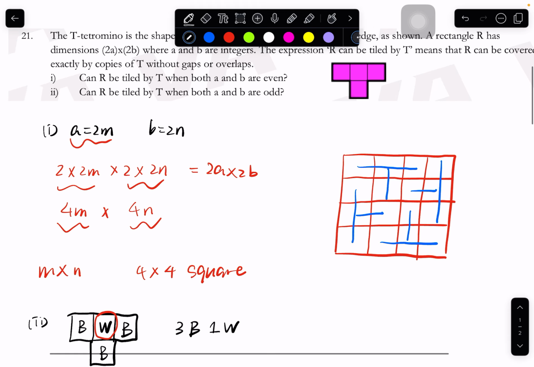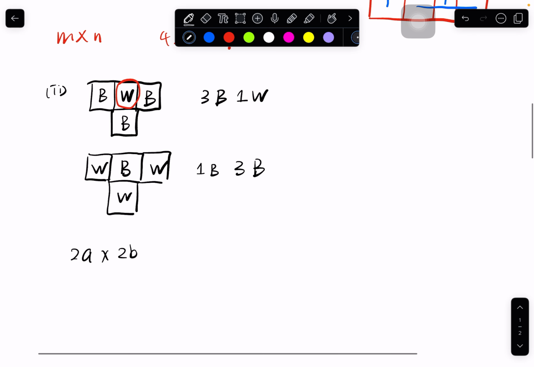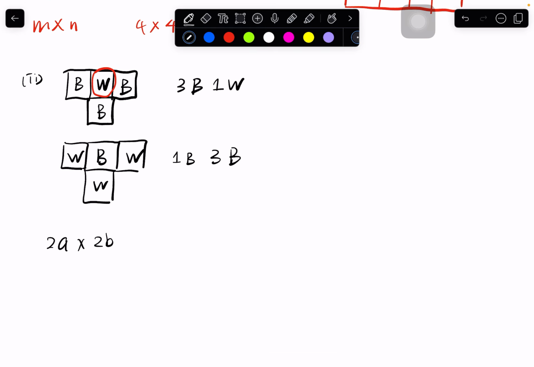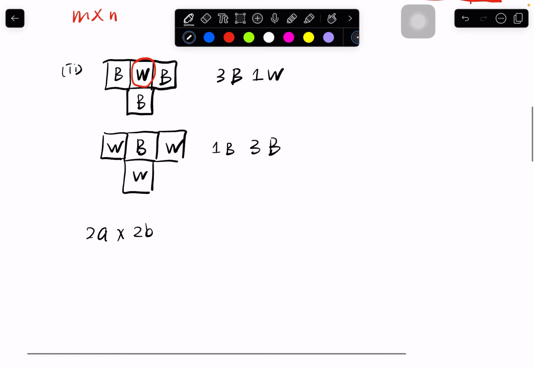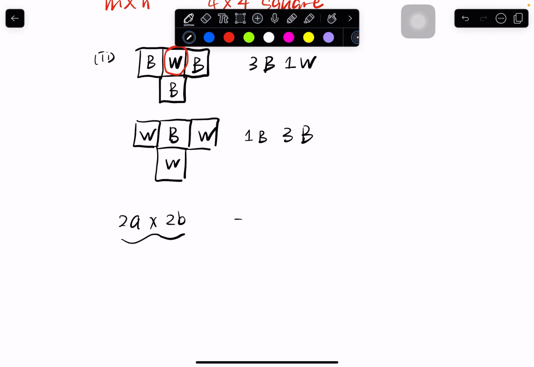2a times 2b is a rectangle. Let's think about this problem. If we can fill this rectangle with these T tetraminoes, how many tetraminoes should we use? Each tetramino takes up 4 squares in the rectangle, and the area is 4 times a times b.